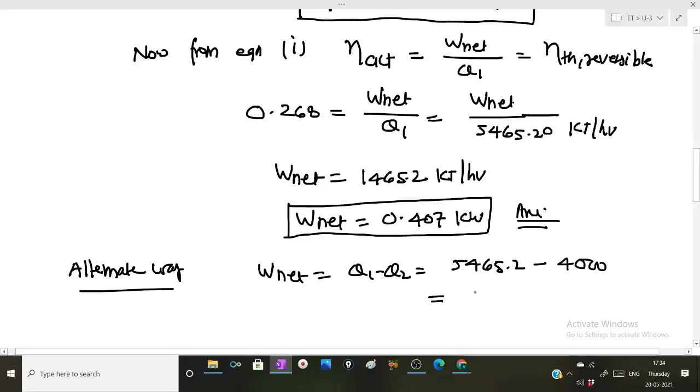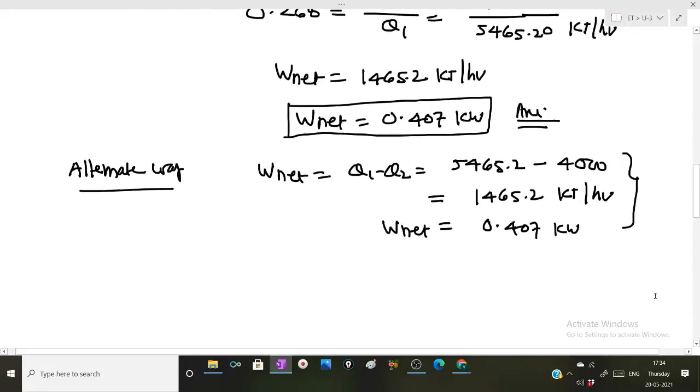So this will come out 1465.2 kilojoule per hour, or W net is 0.407 kilowatt. So this way also you can calculate the net work output. So this is the way to solve such problems.